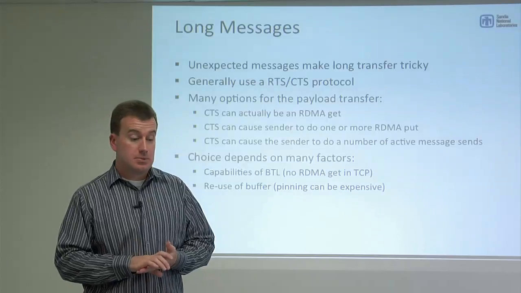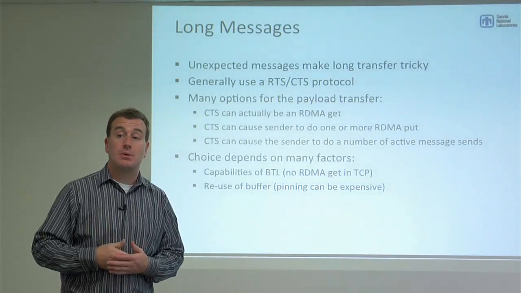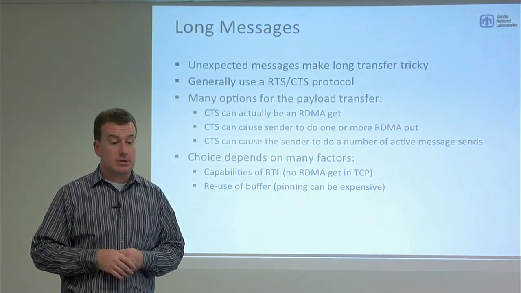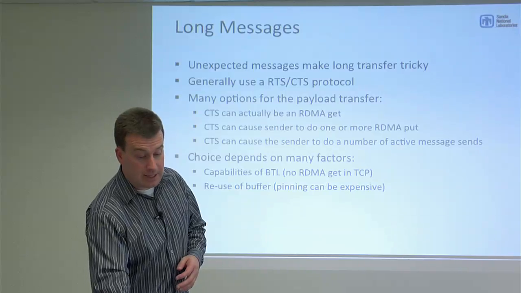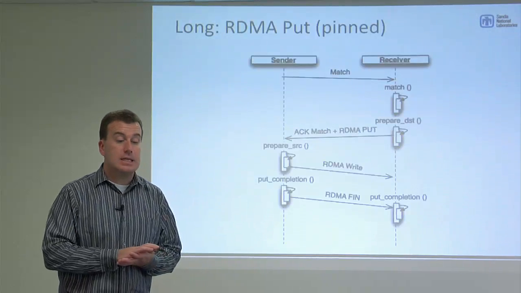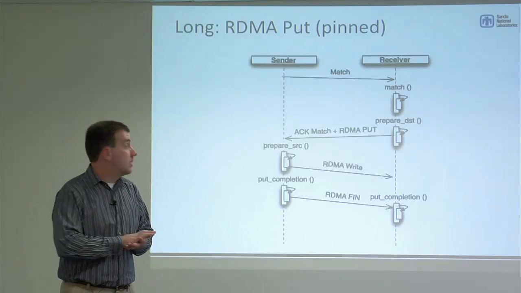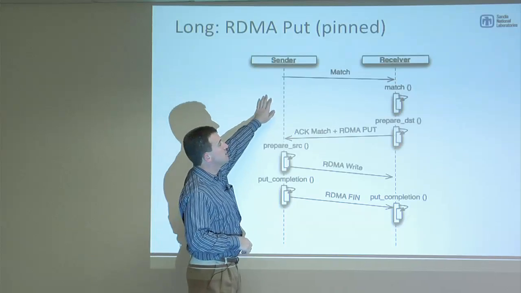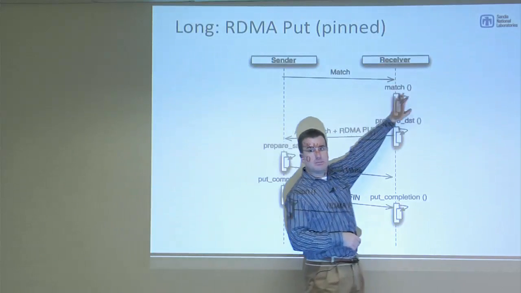Long messages, we talked about, use a request to send, clear to send protocol. There are a whole bunch of protocols we'll go through as to how to do that. The easiest one is an RDMA put. So the sender sends across the match information using BTL send.